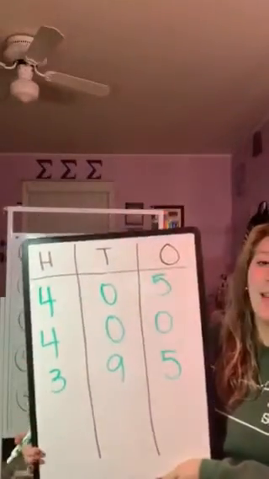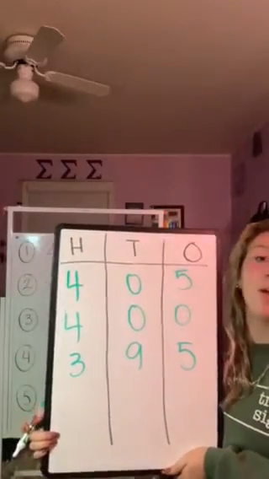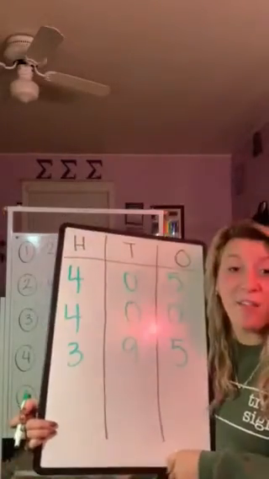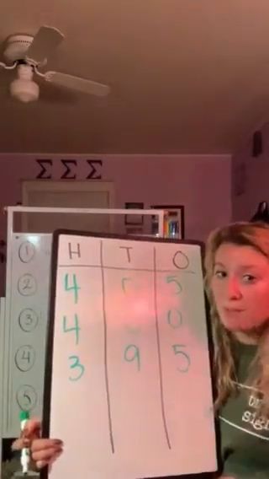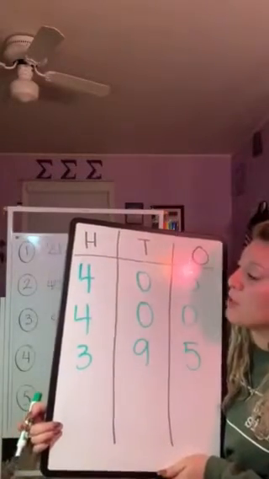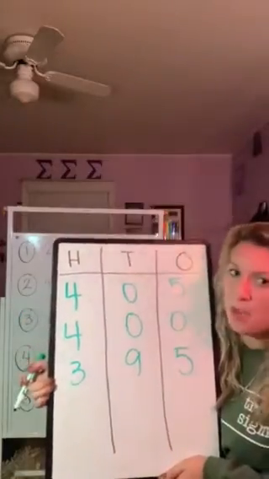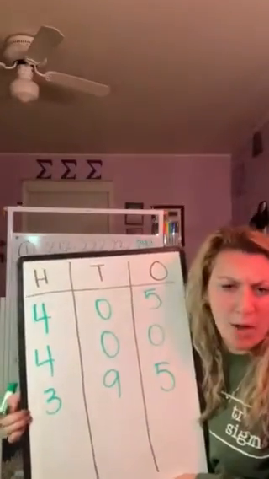Okay, let's take a look at this place value chart here. Remember, when we're looking for patterns in our numbers, it has to change every single time, okay? So in my hundreds place, I have a 4, a 4, and a 3. Okay, let's keep going.